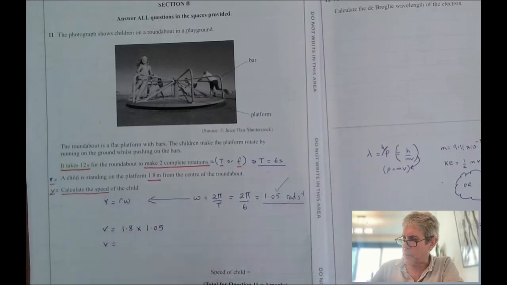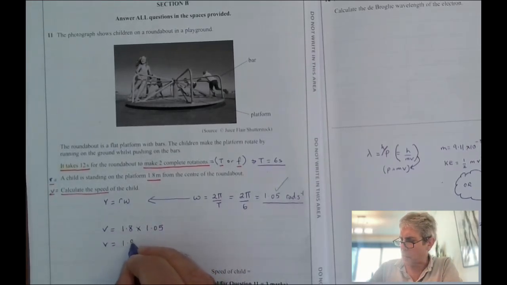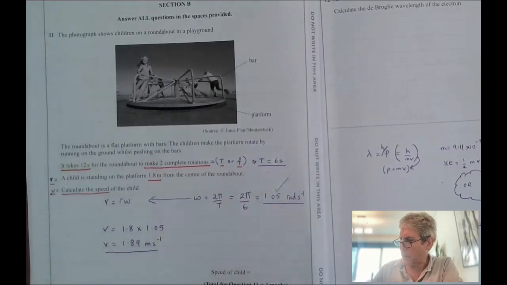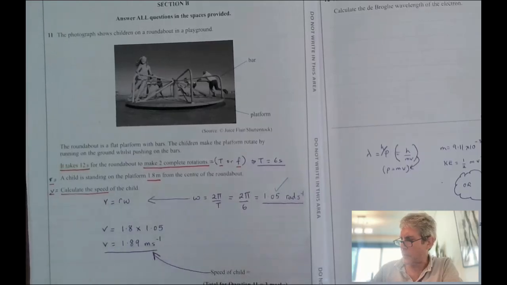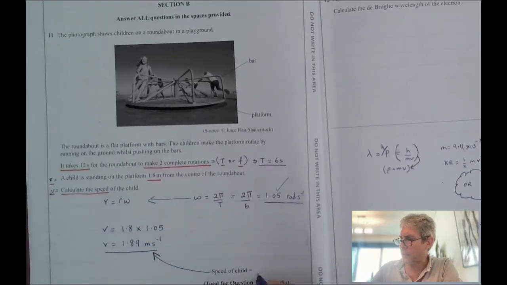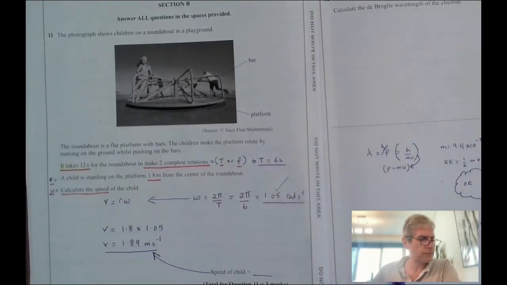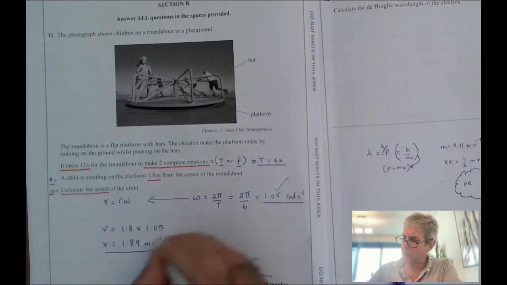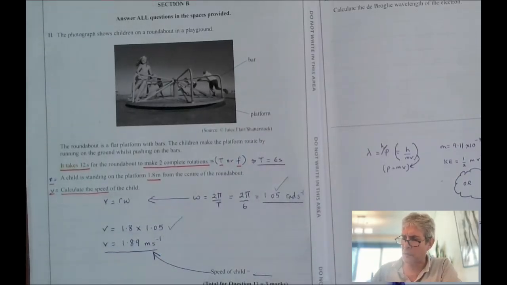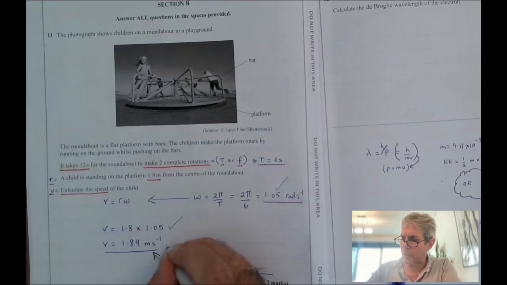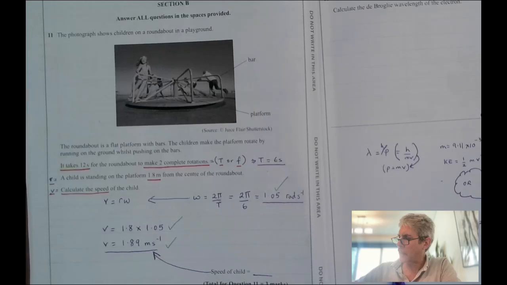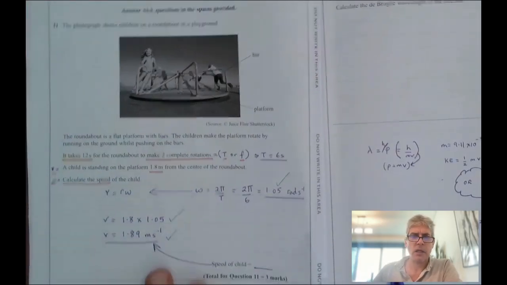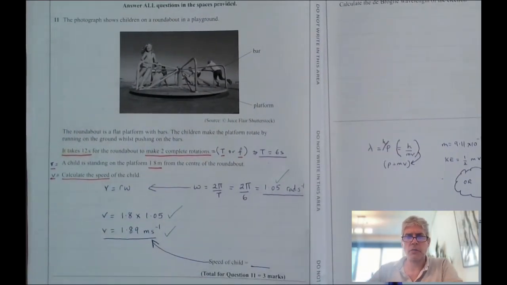So the answer will be 1.8 times 1.05, which is approximately 1.89 meters per second. Okay, so that's the speed of the child. In the exam you should really put your answer here. You'll get 1 mark for knowing you have to use v equals r omega, and 1 for getting the answer with the units. Many students lose marks in the exam for not including the units.